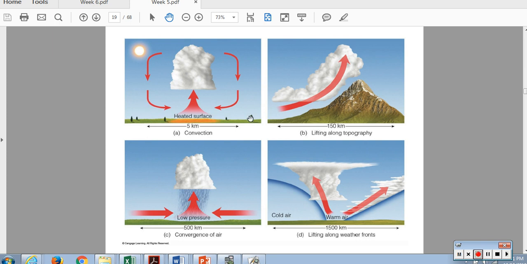If this was just a flat surface, you might just have horizontal winds. But because this mountain is here, then the air is forced to rise. When you force the air to rise, then you have to consider the temperature differences between the air that's being forced to rise and its surroundings, because it might be different. And so that's when you have these clouds forming.